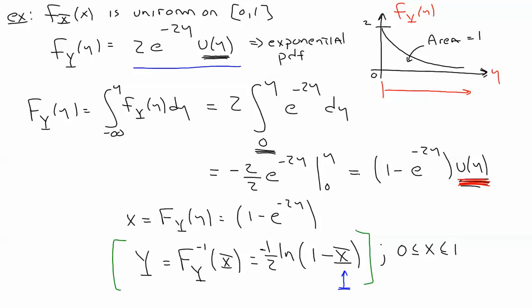Let's do another example. Once again, I'm going to assume that x is uniform on 0 to 1. X is uniform on 0 to 1.